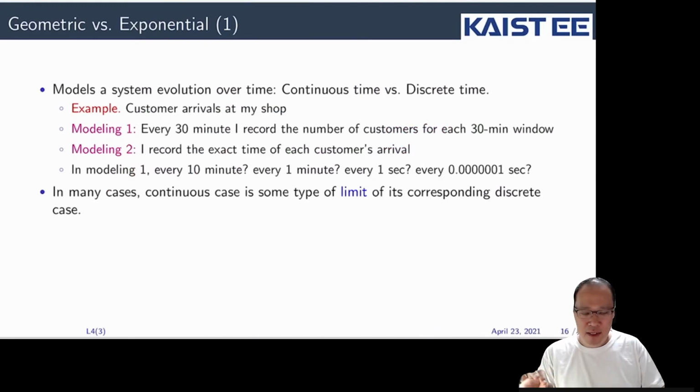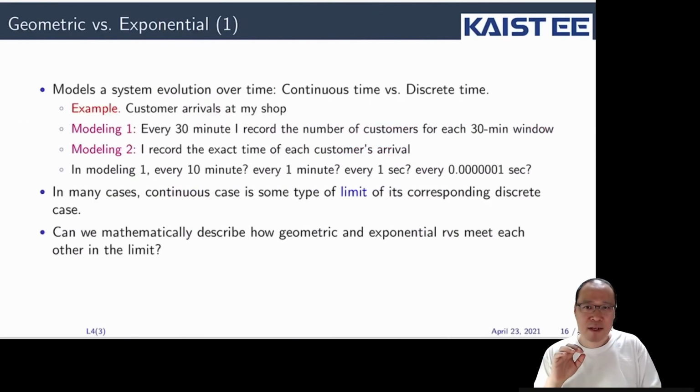So what is my point? My point is that in many cases, continuous case is at some time of the limit of its corresponding discrete case. So whenever we model a system evolution over time, there are two choices, but somehow they resemble each other. And we can regard the continuous case as some kind of limit of the discrete cases.